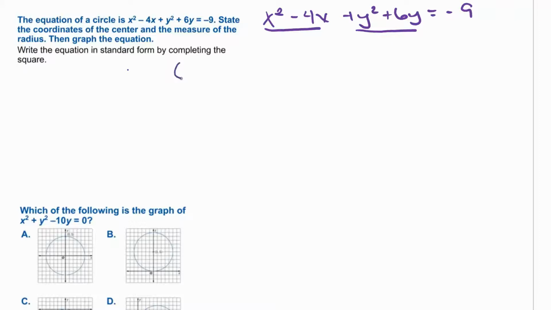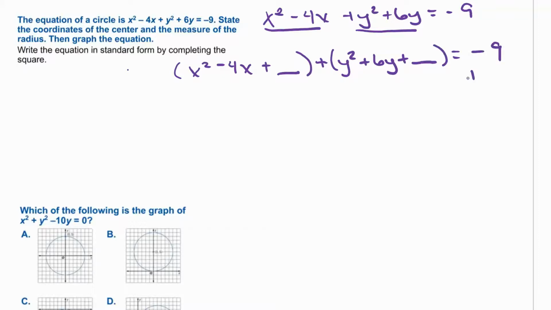So I will have x squared minus 4x plus blank, so I can start to complete the square, plus y squared plus 6y plus blank equals -9. And then I have the two items that will be in my blank that I have to add.